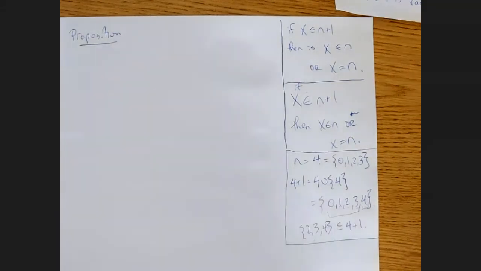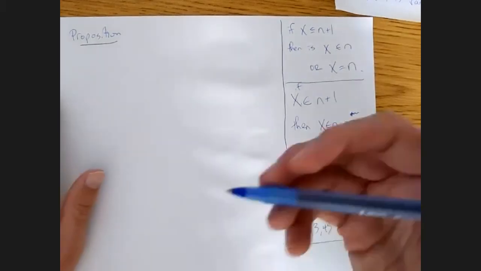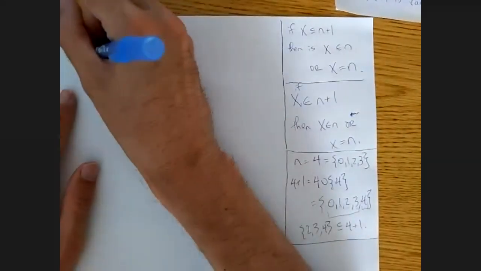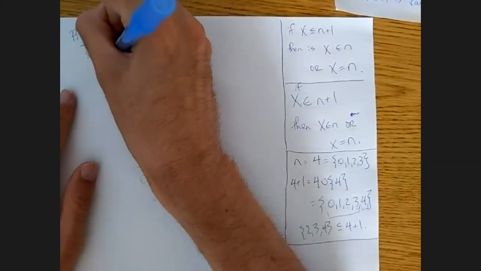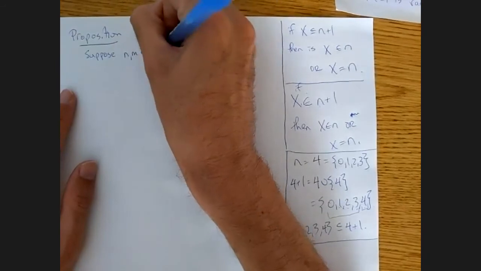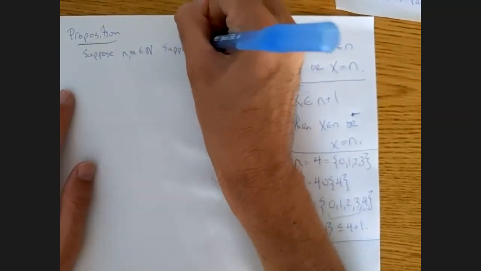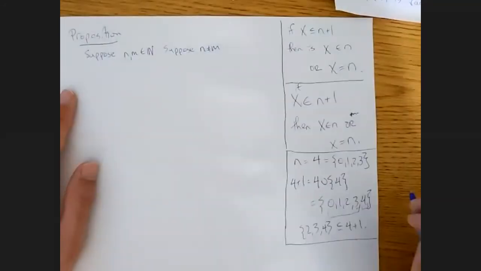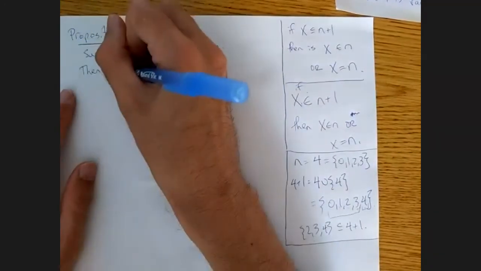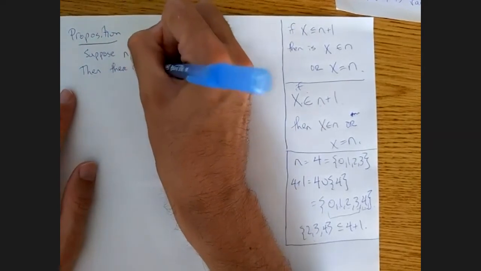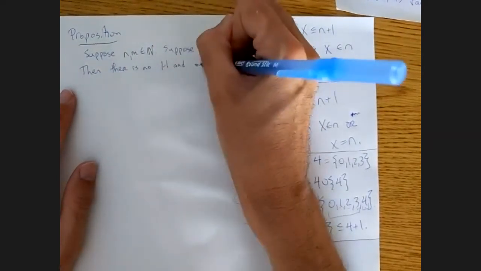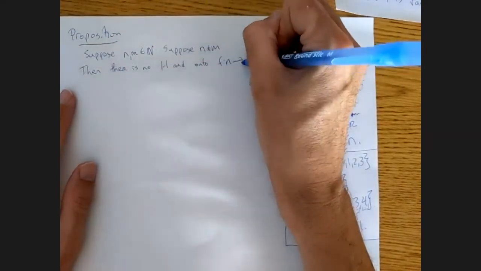So I hope that I'm able to fix the proof of that lemma in a different video. As an application of the lemma, we have this proposition. Suppose you have natural numbers n and m, and suppose n is not equal to m, then there's no one-to-one and onto f from n to m.